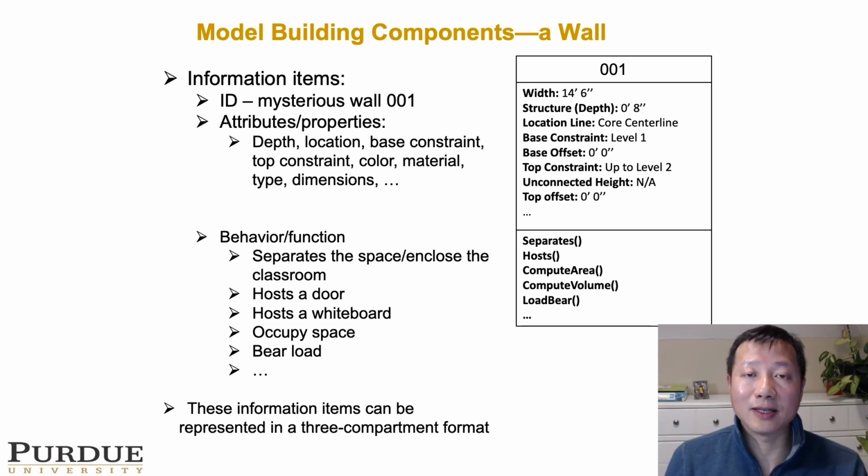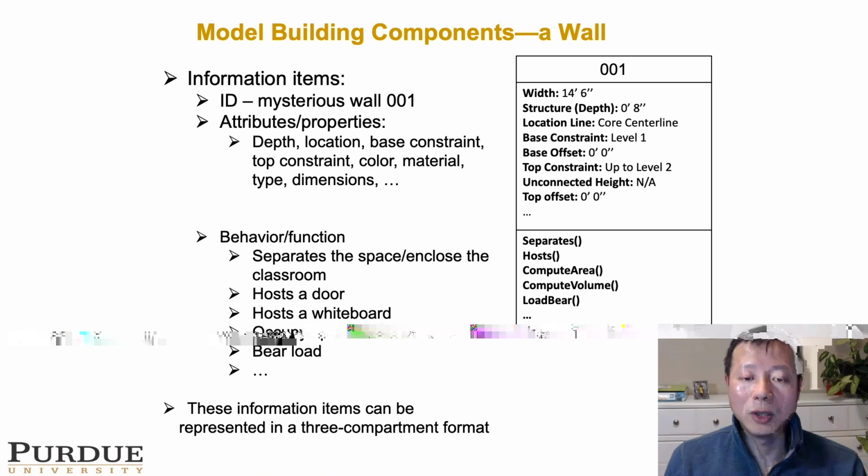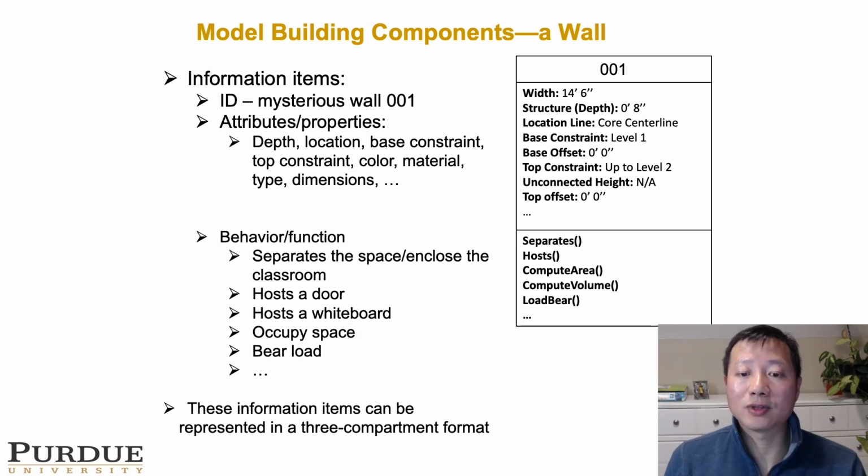Because it is a wall, you end up seeing a door on it, right? So this wall functions as a host for a door. It can also host a whiteboard. It occupies space. Even though it's an interior wall, we don't expect it to be a load-bearing wall, but it still can bear some light loads, right?